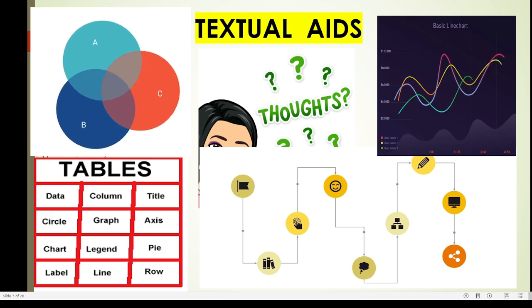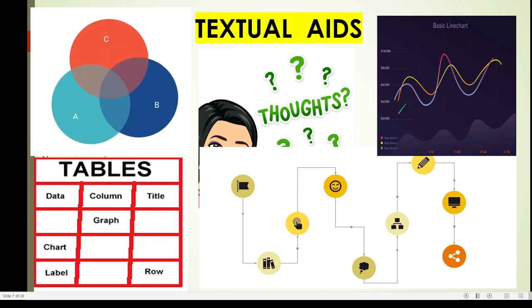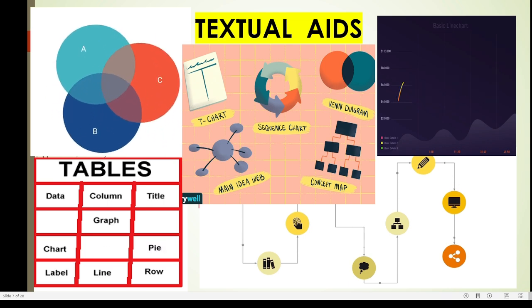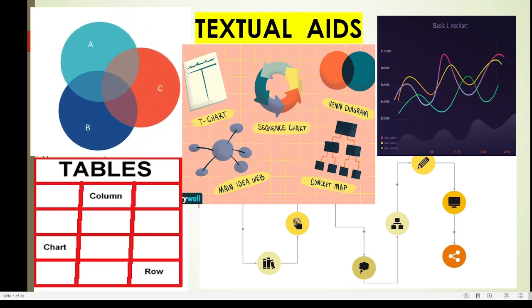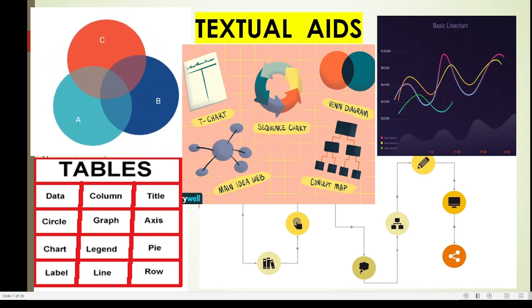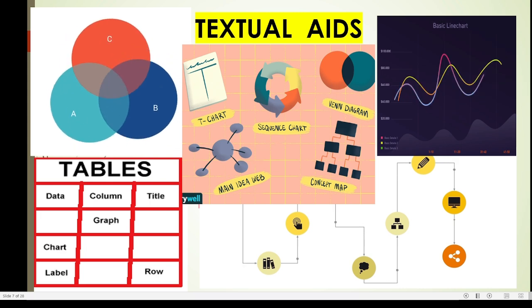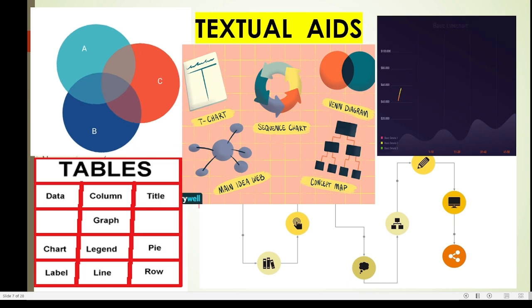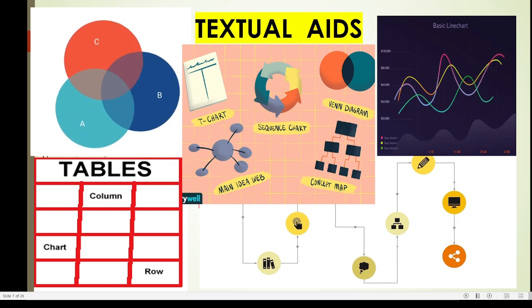These textual aids are known as text features. These are visual elements on a page that stand out from the main text, and these textual aids will help you and the readers to better understand and interpret the texts that you are reading.